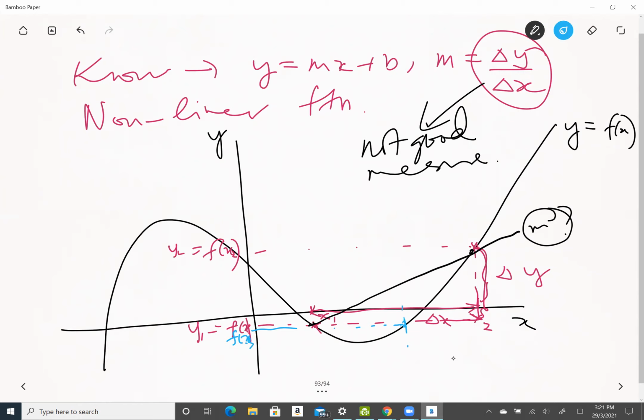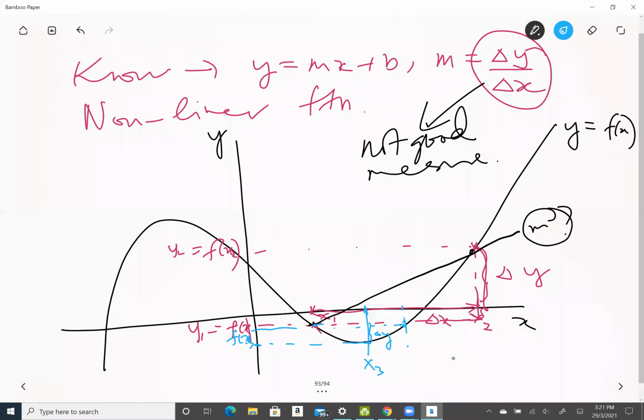Right here. So let's say x3 is there. So the delta y now will be that value. That is f(x3). So the delta y is equal to what? Delta y is f(x3) minus f(x1), so that is the delta y. What is delta x?